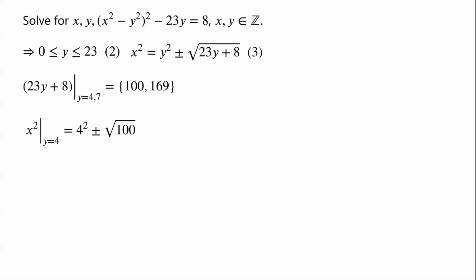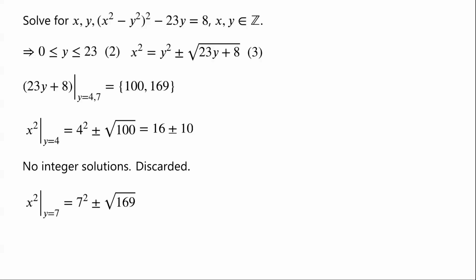When y equals 4, x² equals 4² ± √100, which is equal to 16 ± 10. So x² either equals 6 or 26. As none of these is a perfect square, there are no integer solutions, so discarded. When y equals 7, x² equals 7² ± √169, which is equal to 49 ± 13.